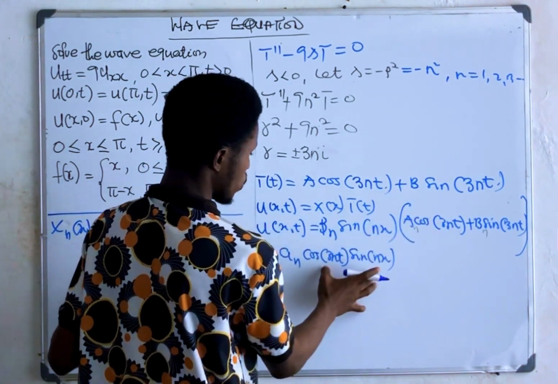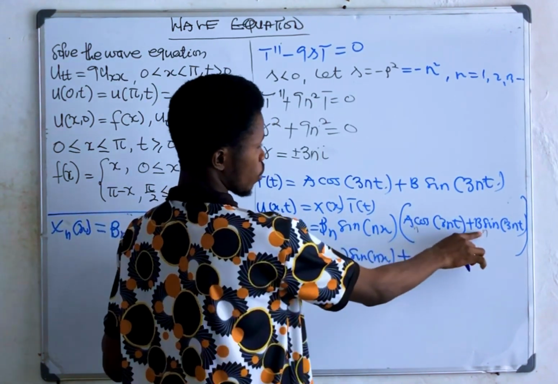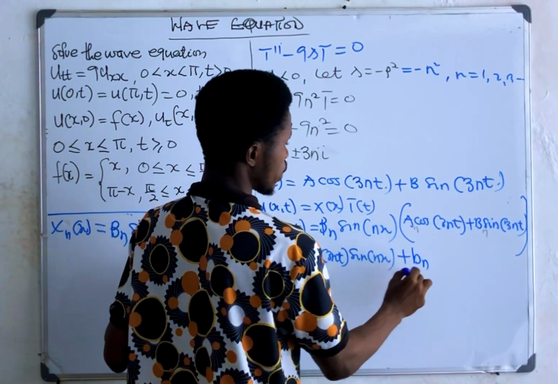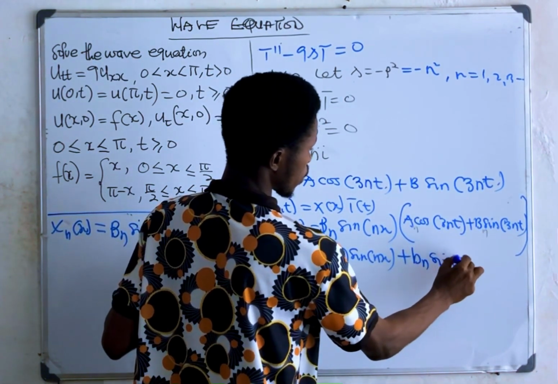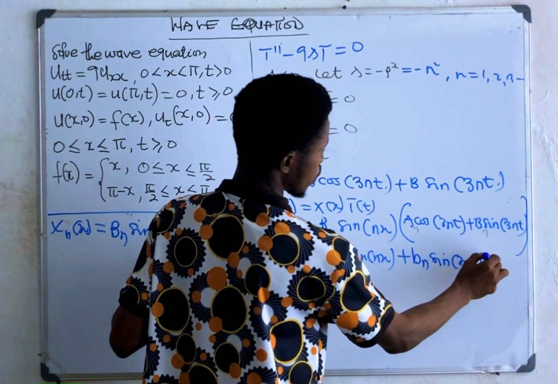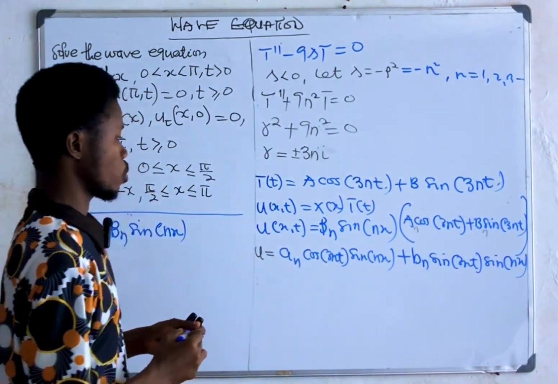Plus, there is a constant here meeting another constant, so let me replace that one by bn. Now this and this, you are going to have sine 3nt sine nx. So this is what you are going to have.